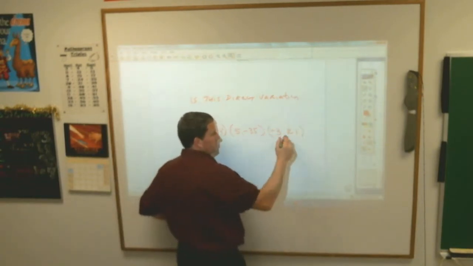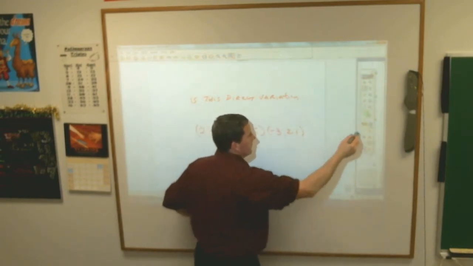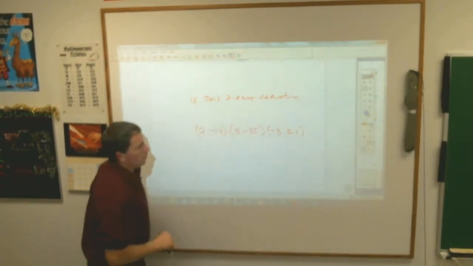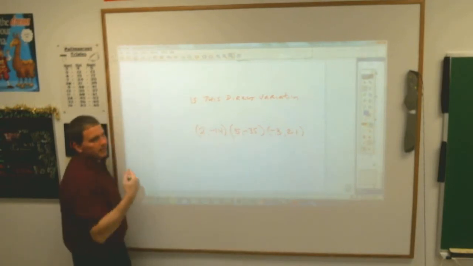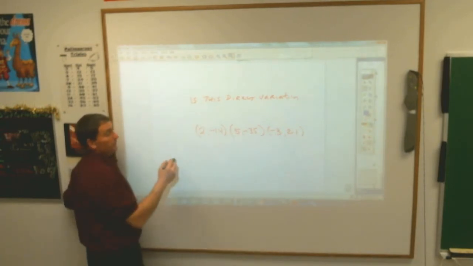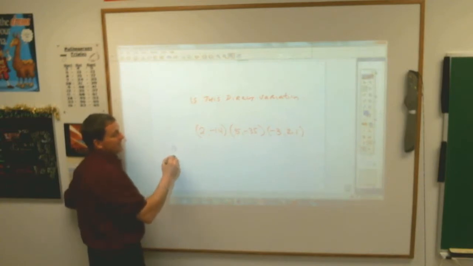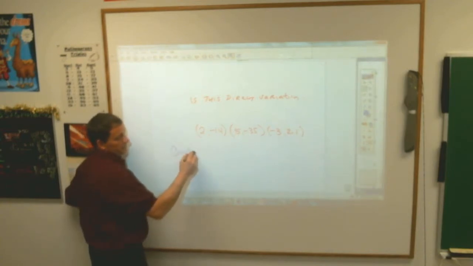I believe they would ask you for the slope if they wanted the slope. In order to find out if these points represent direct variation, you just need to figure out if you can see what is the constant of variation.